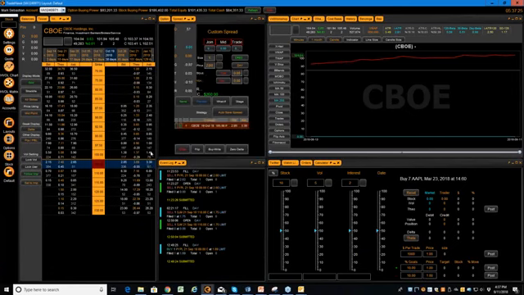And I'm going to do the 105, 100 put spread. You can see the market is 140 at $2, mid-price 170. And I would put that out. So that's a name I like.